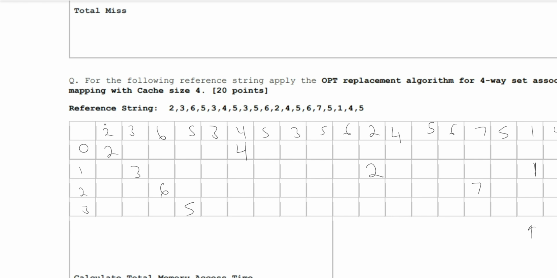So we had 1, 2, 3, 4, 5, 6, 7, 8 misses, right? How many hits did we have? 1, 2, 3, 4, 5, 6, 7, 8, 9, 10, 11. 11 hits?